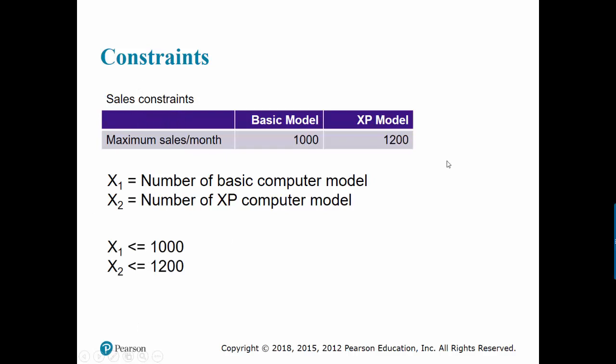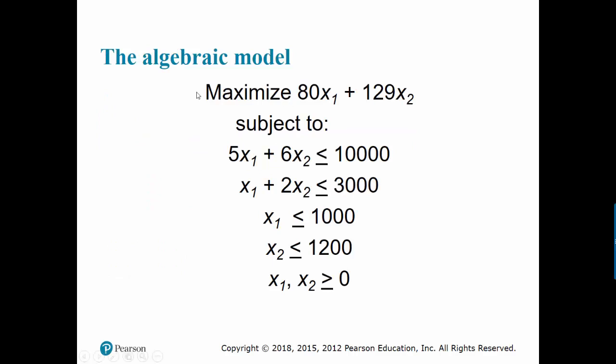Putting all of this together, our linear programming model is: maximize 80 X sub 1 plus 129 X sub 2. Oftentimes we write this as Z equals the function; a lot of people write the objective function as Z equals. It is subject to the assembly and testing labor hour constraints, and then the sales constraints.